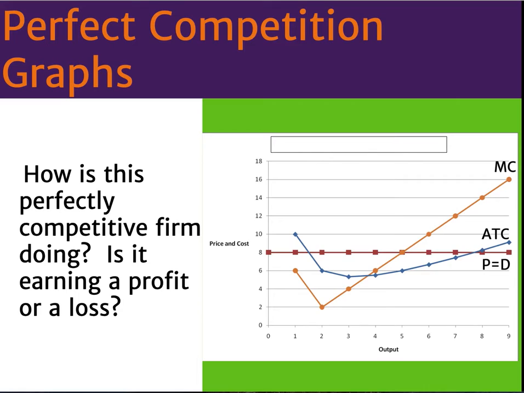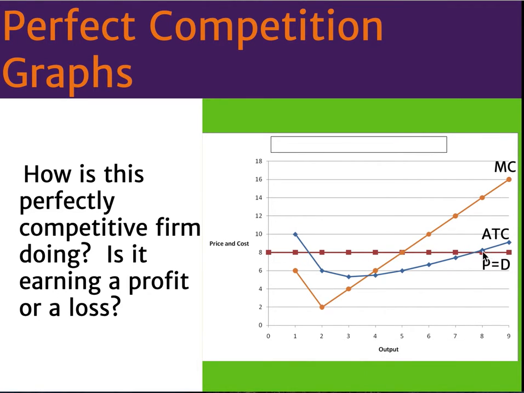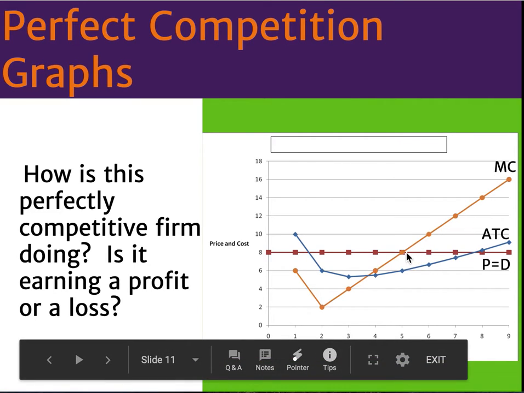So right away, is this a perfectly competitive firm earning a profit or a loss? Well, what you have to look at, again, always, is my marginal cost, how is that doing compared to my marginal revenue? Remember, marginal revenue is equal to price, which is equal to demand, which is equal to average revenue. So you can see that line coming in here, where marginal cost and marginal revenue meet.